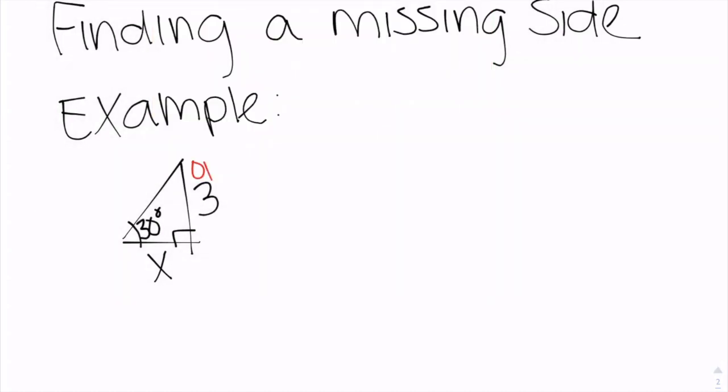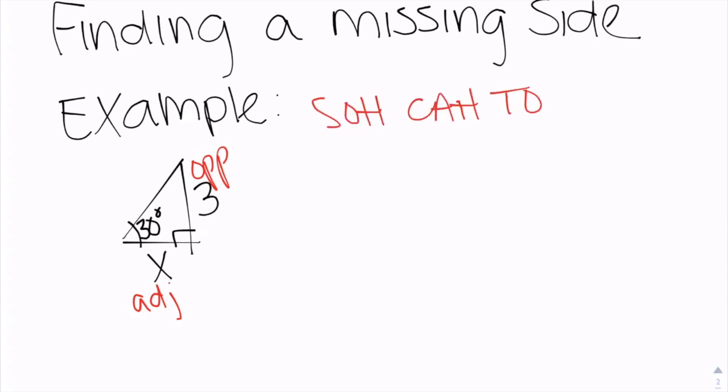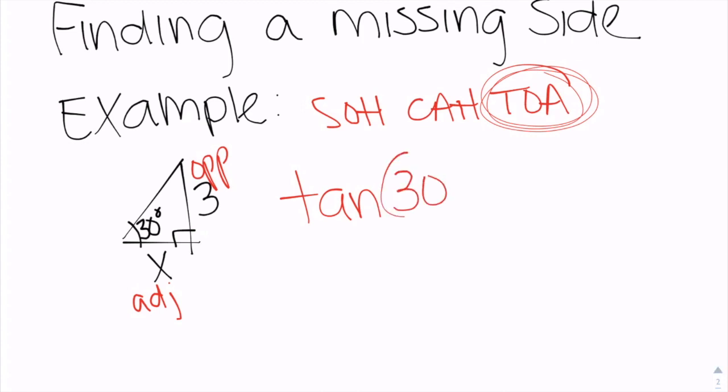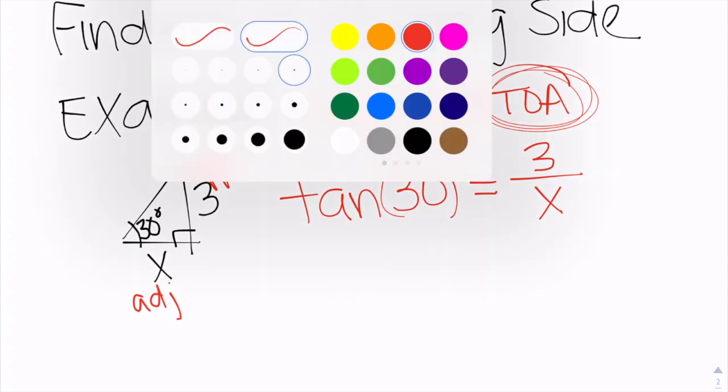You want to note that this is the opposite side and this is your adjacent side. And so if we think of SOHCAHTOA, tangent, because TOA is what uses our opposite and adjacent sides, so we're going to say that the tangent of 30 degrees is equal to our opposite side over our adjacent side.